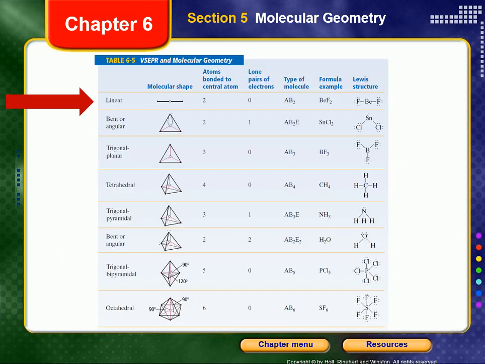The linear geometry of molecules such as beryllium fluoride, BeF2, again, see table 6-5 on page 186 of your text or on the screen now, is made possible by hybridization involving the s orbital and 1 available empty p orbital to yield sp hybrid orbitals.